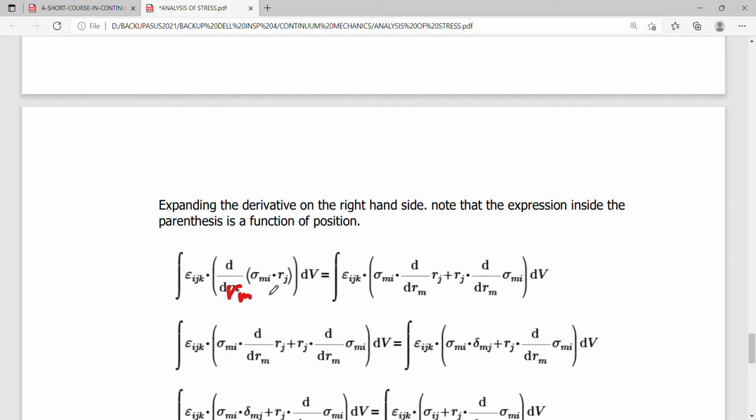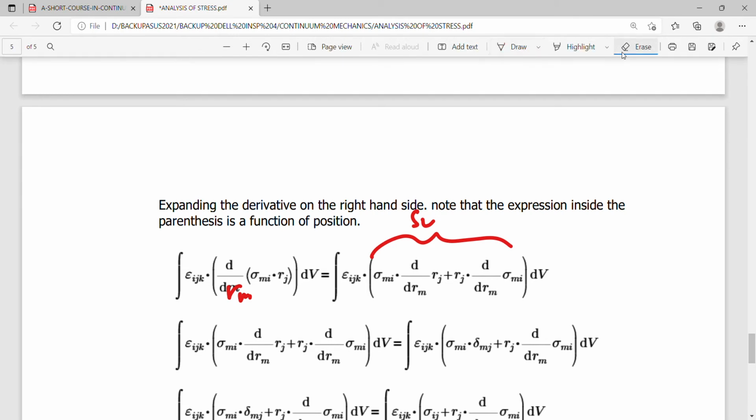So this is now a product derivative: this multiplied by the derivative of the second plus the second multiplied by the derivative of the first. So I just use here the derivative of a product. Of course, it's still a partial derivative of a product.